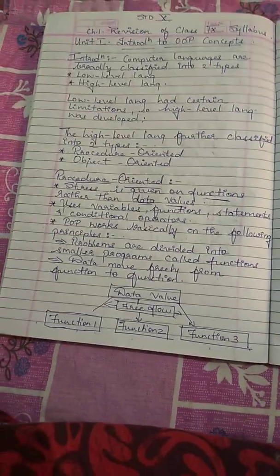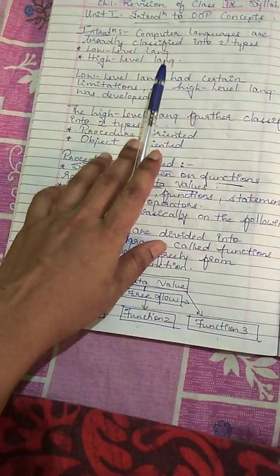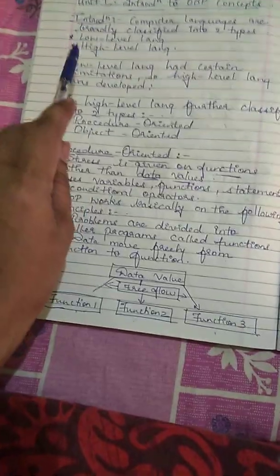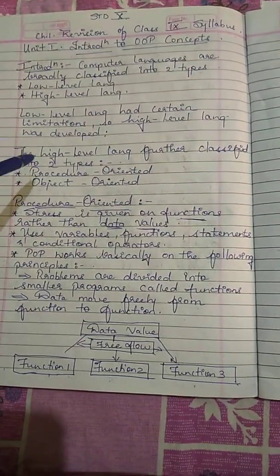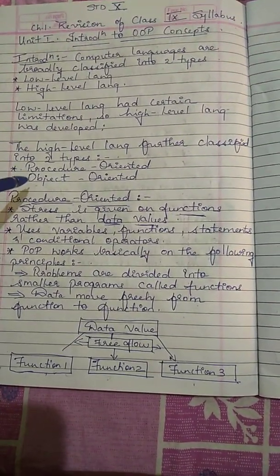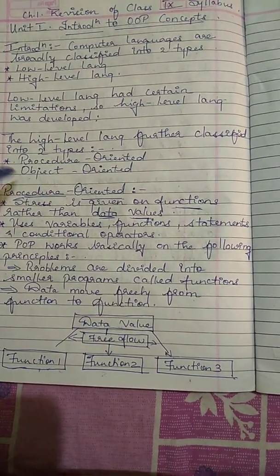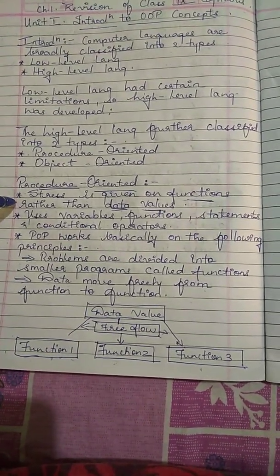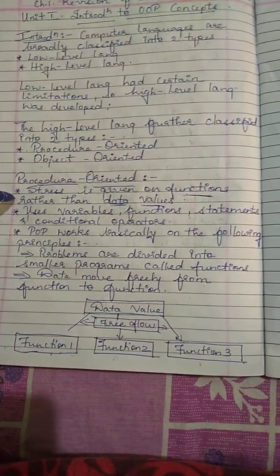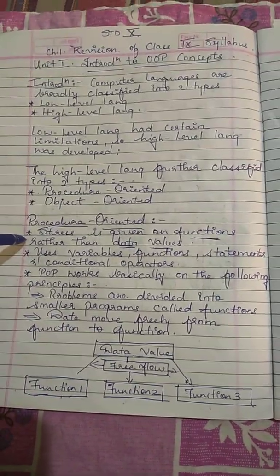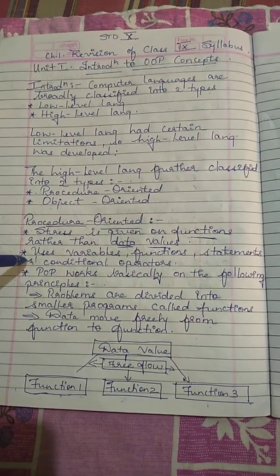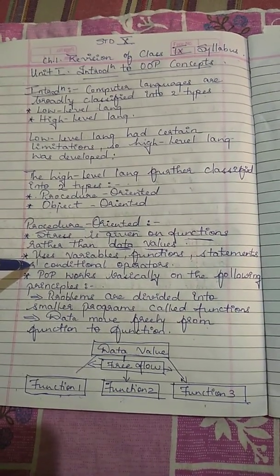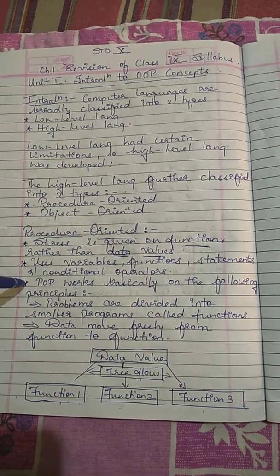This was in your previous video, the introduction of computer languages. I have told you about two types of computer languages, low level and high level. High level is again further classified into procedure oriented and object oriented. In procedure oriented, the stress is given on functions rather than data values. Procedure oriented programming uses variables, functions, statements and conditional operators.